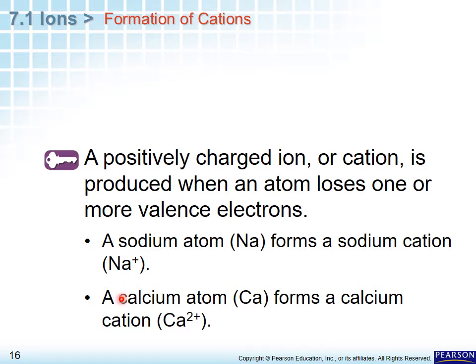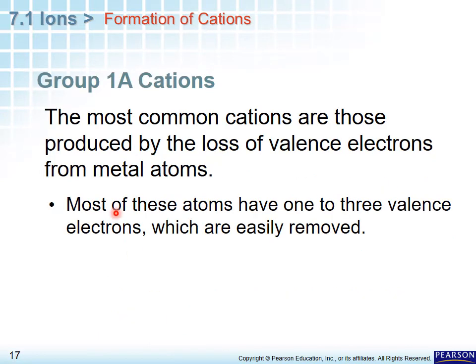Calcium belongs to group 2A, so calcium atom Ca forms a calcium cation Ca2+. So how many electrons are going to be lost? 2 electrons. Remember this. The most common cations are those produced by the loss of valence electrons from metal atoms.